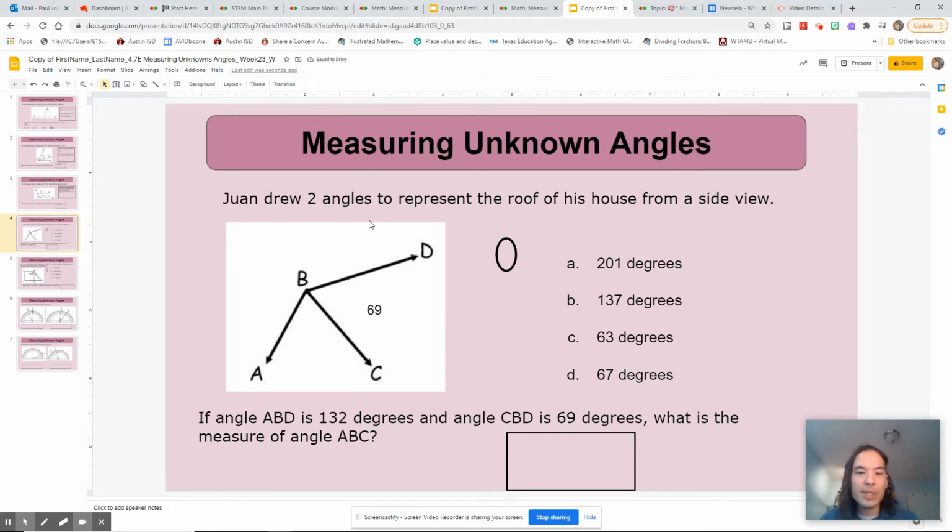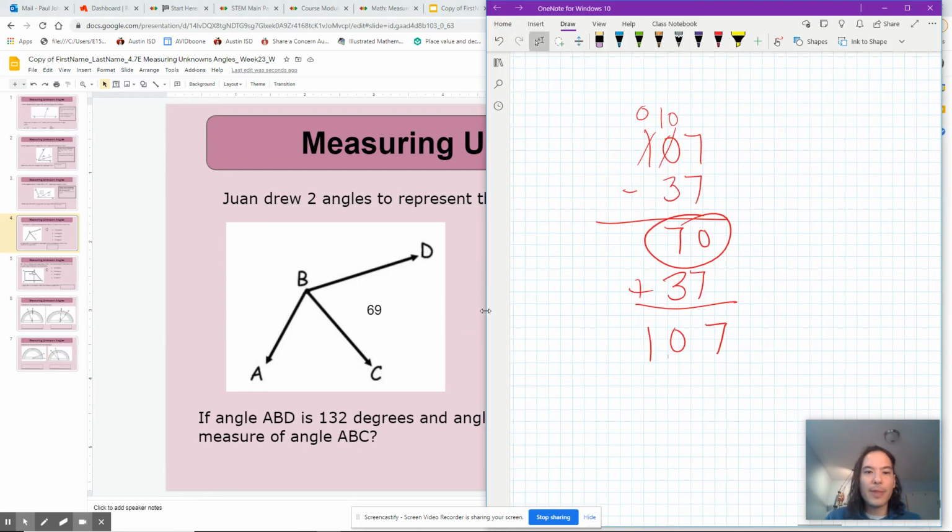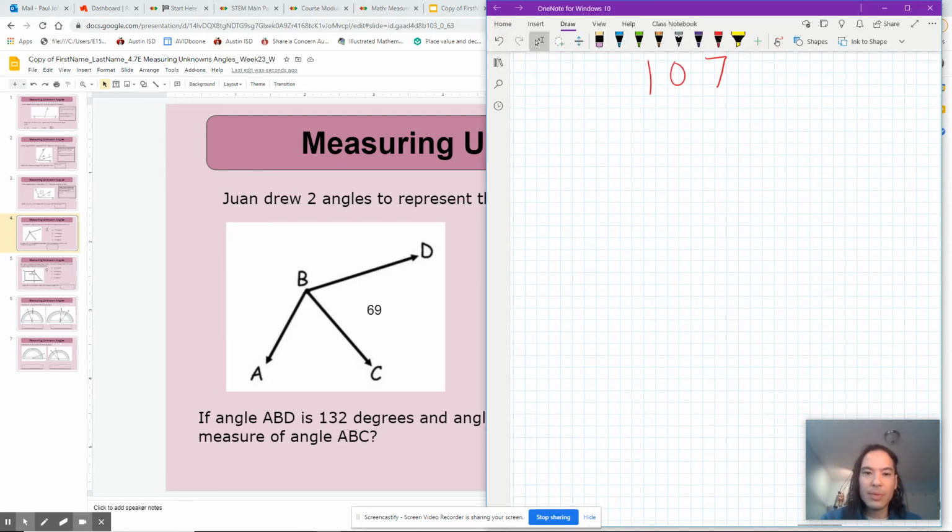Okay, so we're going to take the whole 132, and we're going to subtract the 69 degrees that we know and find out what this missing area is. So we're going to take 132, subtract the 69 degrees that we are already aware of. 12 minus 9 is 3. 12 minus 6 is 6.